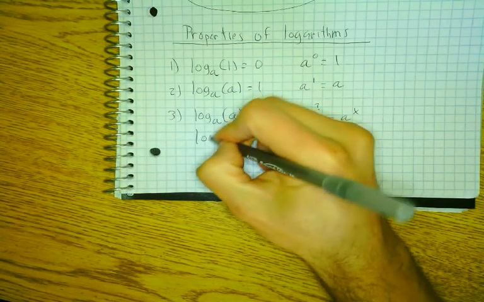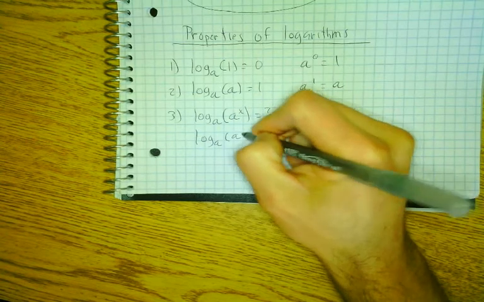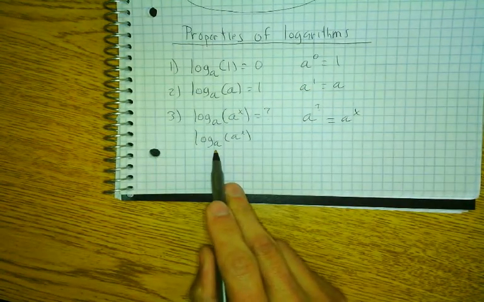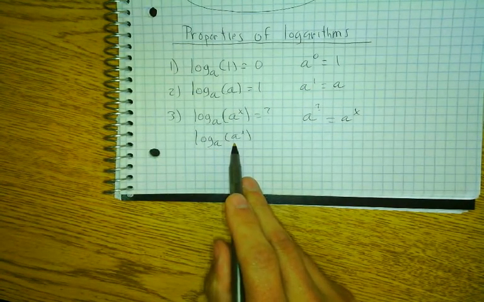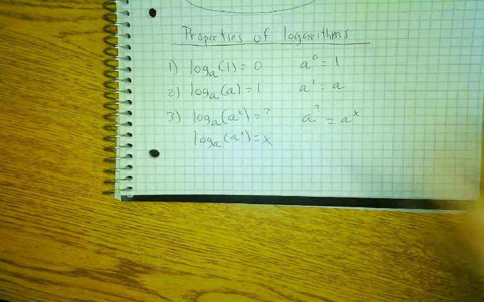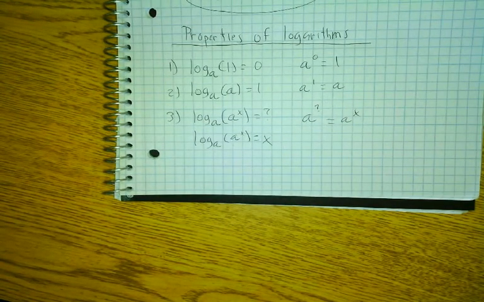So that means that this property states that if you take the logarithm with a base, and inside there's an exponential with the same base, you would get x. Tell me why, or does that remind you of anything we've done in this class in the past where you get an answer of x?